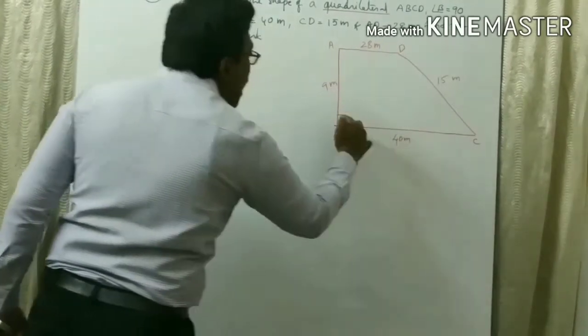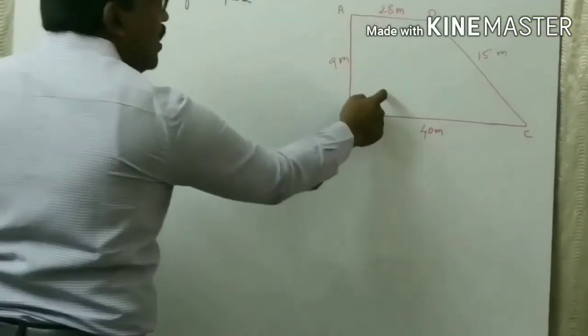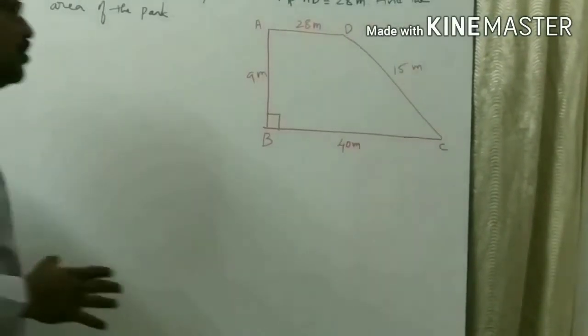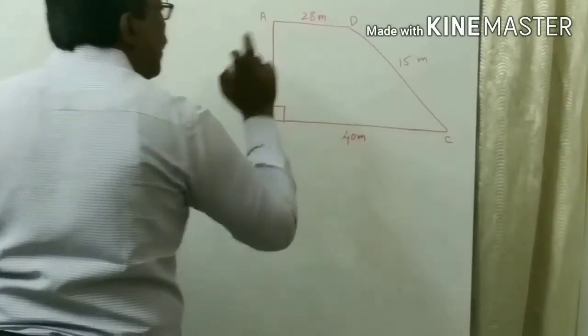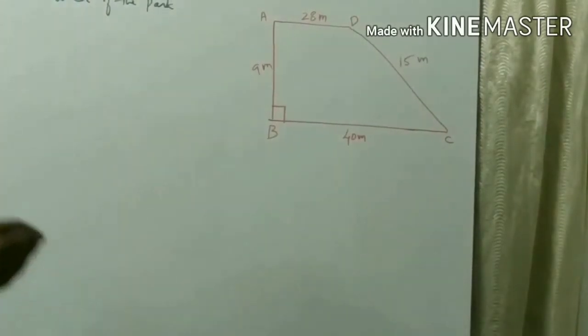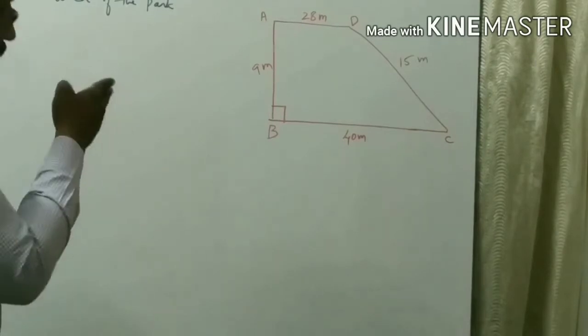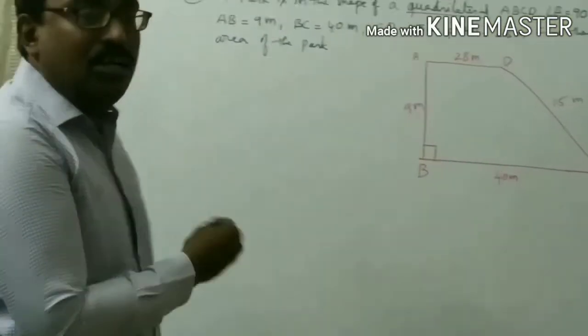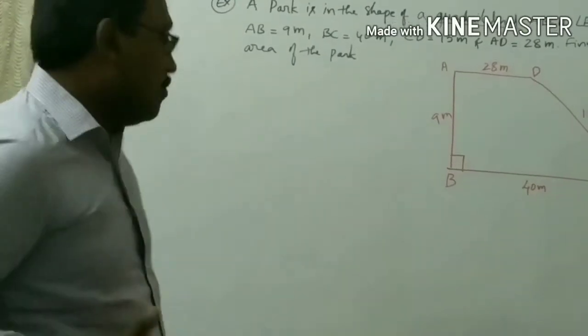Area of the path, which is in the shape of a quadrilateral. We don't know the area of a quadrilateral formula, that means half d into h1 plus h2. We don't know the diagonal, we don't know the height. So definitely you should use Heron's formula.